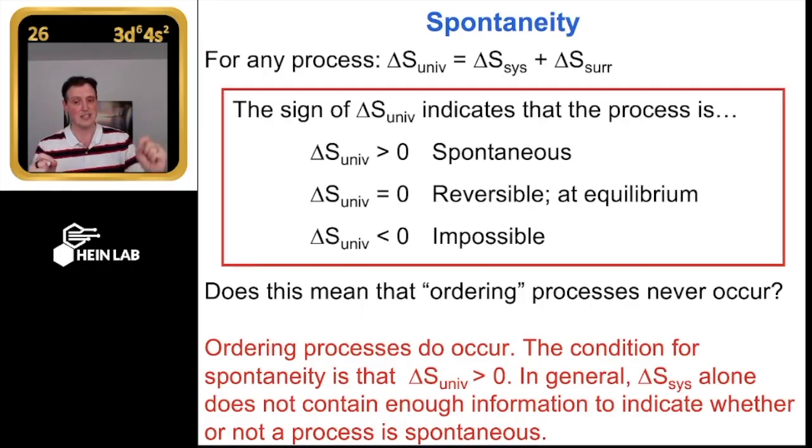All we're saying is that the universe still has to get the bigger piece of the pie. If a system has a negative delta S, the surroundings need a larger positive delta S, with a magnitude such that the overall universe still wins. It's still bigger overall, the sum of those two. It is not impossible for the system or the surroundings to have a negative delta S. The universe is still going to be positive because one of those two things has to give in a non-equal way.